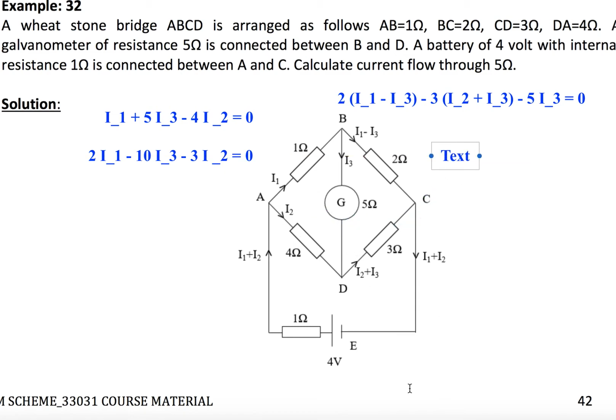Okay, let's take ADCA. 4I2 plus 3 into I2 plus I3, because the current flow is in the loop's direction. Otherwise, first you encounter negative terminal of the battery while coming like this, so minus 4 plus internal voltage drop is there, right? That is I1 plus I2 into 1 equal to 0 again.